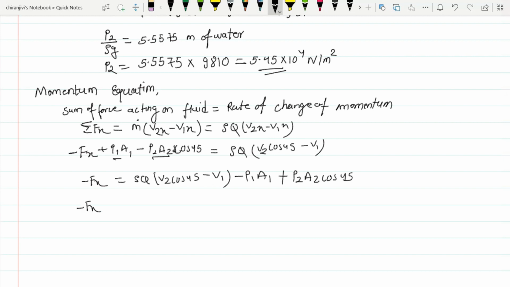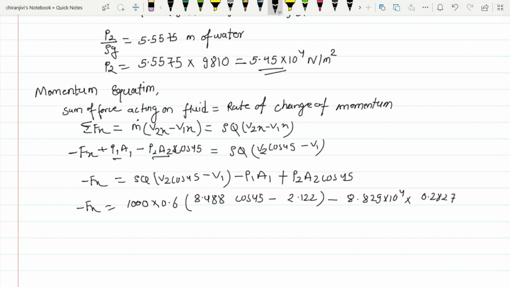Now we can substitute the values. Rho is 1000, Q is 0.6, and v2 is the velocity which is 8.488 cos 45 minus v1. v1 we found earlier, 2.122, and minus P1, the pressure, 8.829 into 10 to the power 4, and area at section 1, 0.2827, and plus P2, the pressure, which is 5.45 into 10 to the power 4, and A2, the area cross section at section 2, 0.07068, and cos 45.